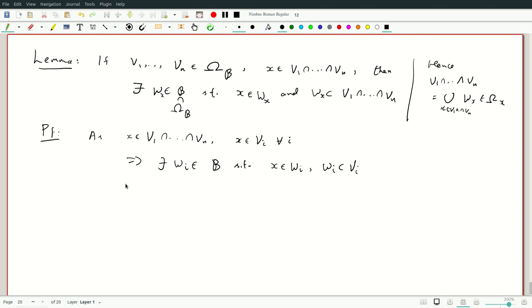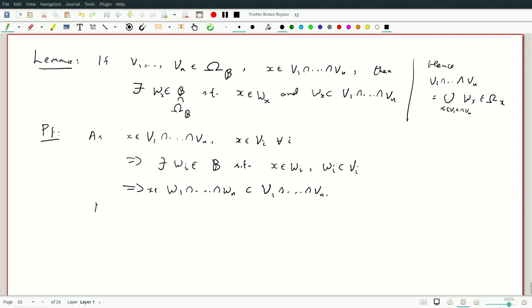So x is in W1 intersection Wn, which is contained in V1 intersection Vn.